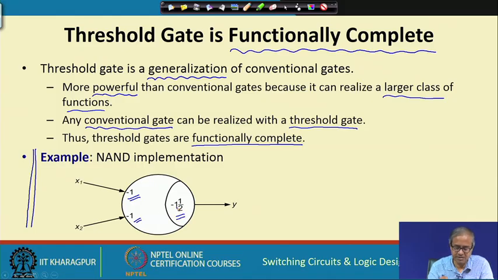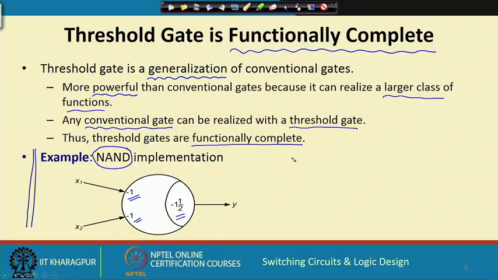You can verify that this threshold gate actually implements the NAND function, and because NAND is functionally complete, we will have proved that the threshold gate is functionally complete. Now, let us see how this implements NAND.